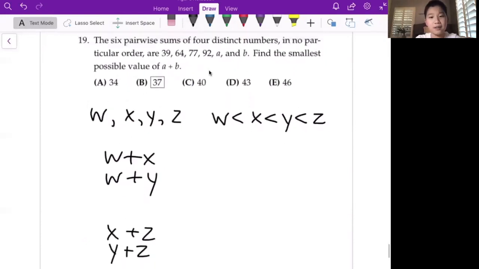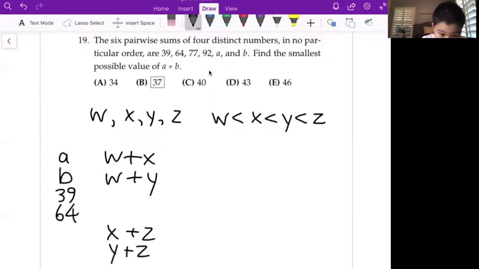So to make A and B the smallest, let's assign A to be W plus X and assign B to be W plus Y to make them small. And then let's just do this. 77 and then 92. So we have these equations.